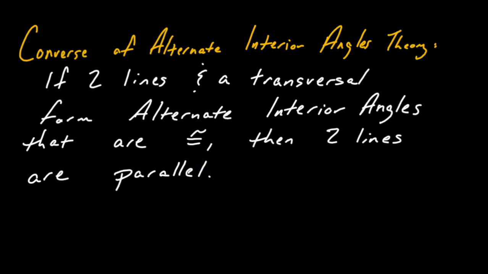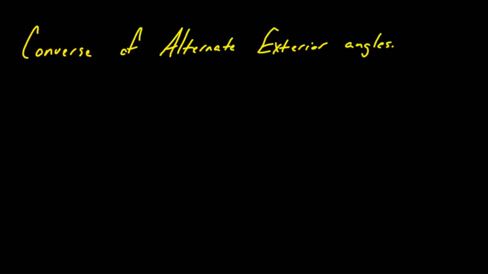Okay, so again, we flipped the alternate interior angle theorem that we learned today in class and reversed it, the converse of it. So the converse of the alternate exterior angles.